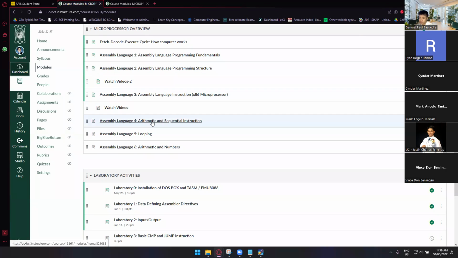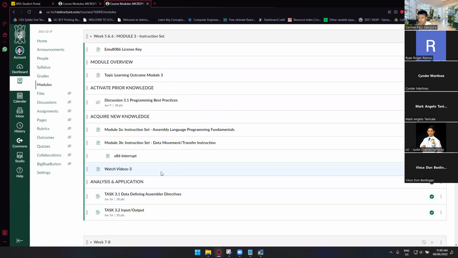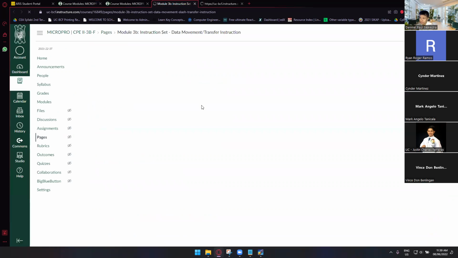They just have different names, but they're actually the same. The name of this one is assembly language instruction x86 microprocessor, and in your lecture it is called instruction set, data movement or transfer instruction, but they are actually the same.